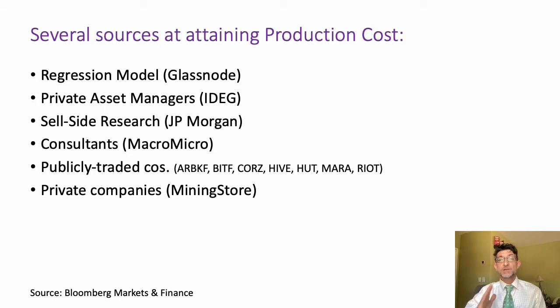I think this is a good place to find production cost. And lastly, you've got private companies like the Mining Store. This is a pretty big company that has its own mining rigs, and they even host mining rigs. And they do give out their production costs, but they don't give detail of where these mining rigs are located. So they don't give enough granular information.